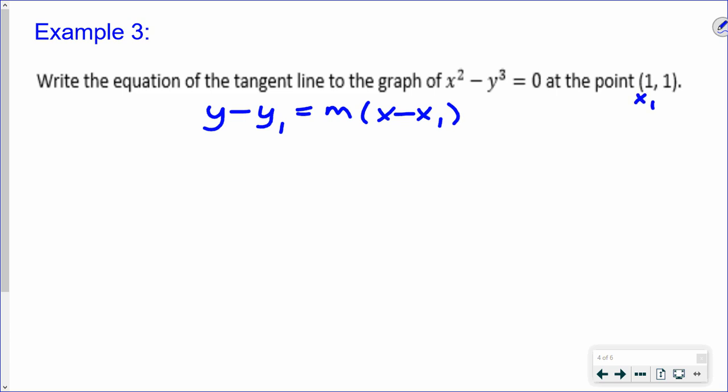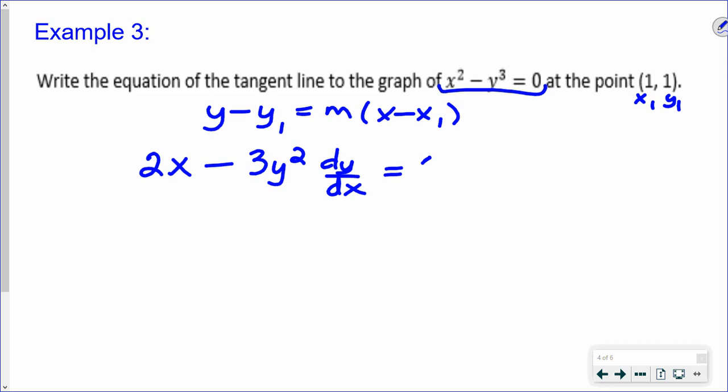So we already have our x sub 1, y sub 1. All we really have to do is find our slope at a point, which means the derivative. Okay, so let's find the derivative. This would be 2x minus 3y squared times dy over dx equals 0.